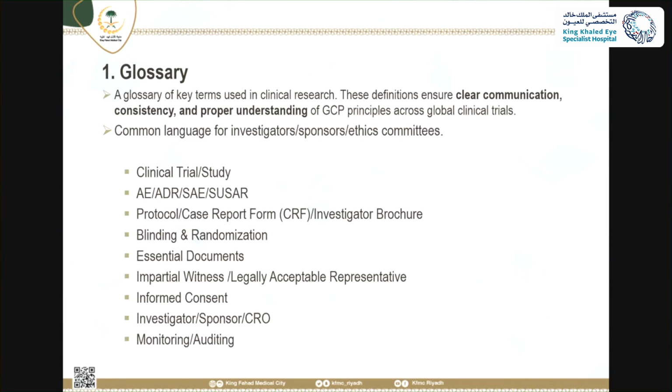Also, you need to differentiate between blinding. Do you know how many levels of blinding we have in a clinical trial? Do you know what single blind, double blind, triple blind mean? Yeah, so good. Randomization as well. People still mix up randomization and random sampling till now.